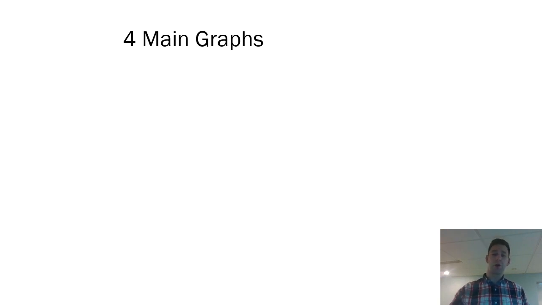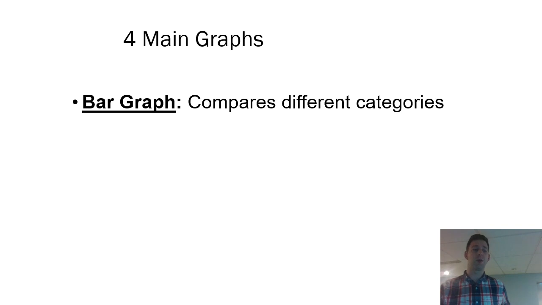And it's important for you to understand that you don't just use any graph depending on your mood or what you think is prettier to draw. Certain types of data leads to certain graphs being more or less appropriate. And so I want you guys to understand not just what those 4 graphs look like, but when to use them. And so we'll start basic, which is the bar graph.